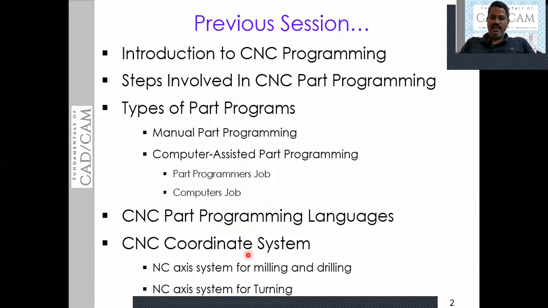Then in the last class, we also discussed the coordinate system, in which we discussed the milling and drilling machines, as well as the turning machines. We discussed in what way the X, Y, Z coordinate axis system is oriented in the milling machine as well as the drilling machine, and in what way the table as well as the tool is oriented to the axes. We discussed that along with figures.